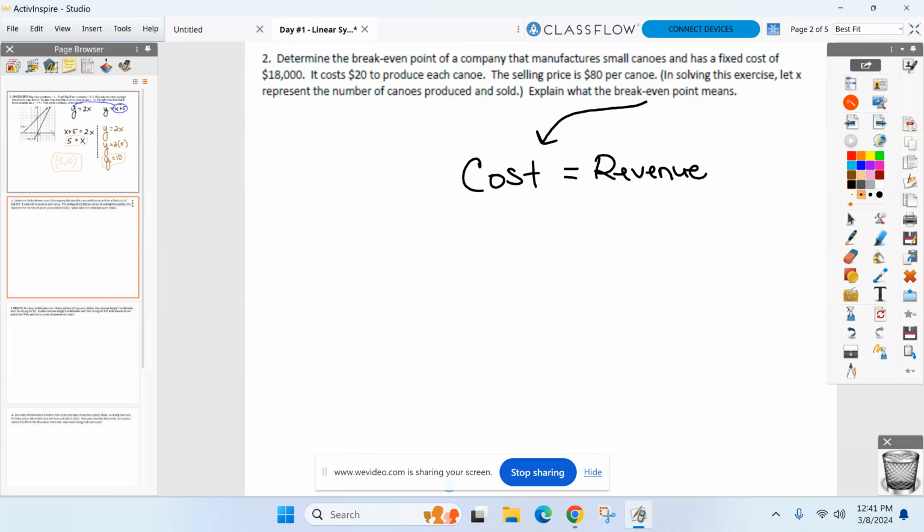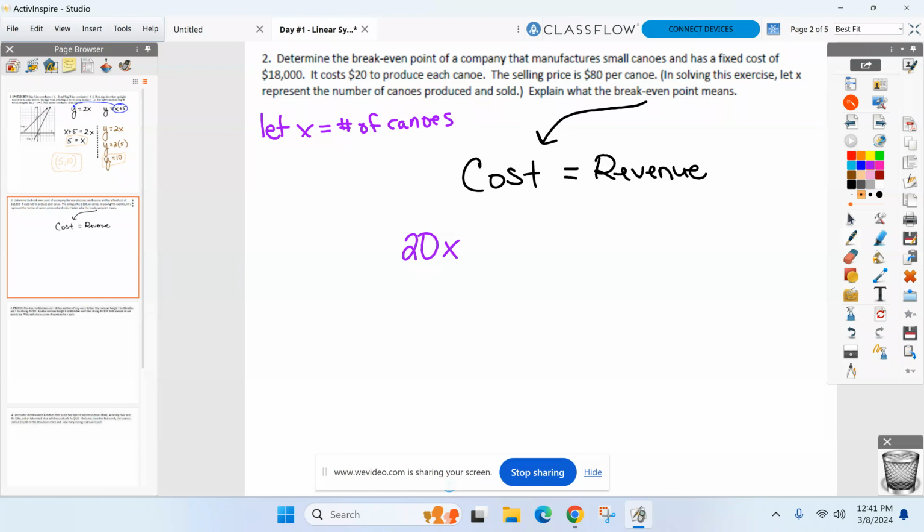So let's talk about cost first, so I can fill out this left side with you. The cost to make a canoe. How much does it cost to make a canoe? $20, right? So I'm just going to let X equal the number of canoes here, because that's what I'm solving for. It's $20 for every canoe.